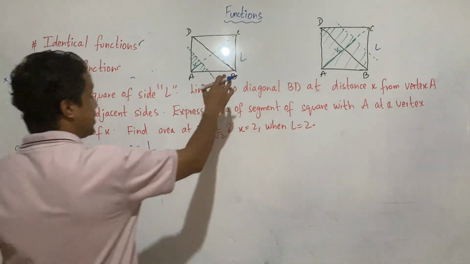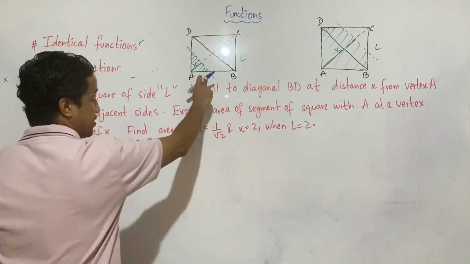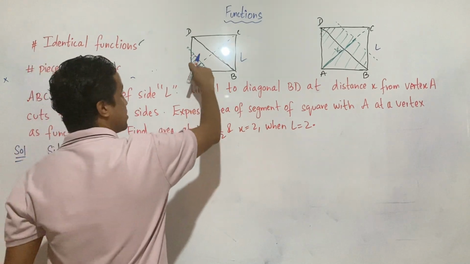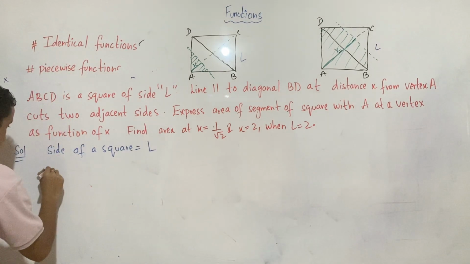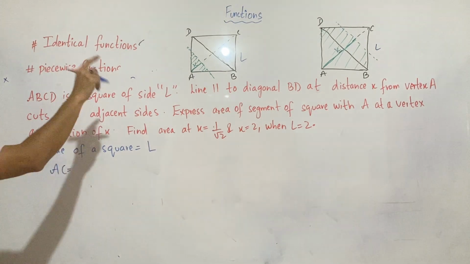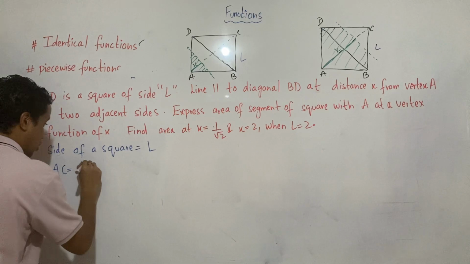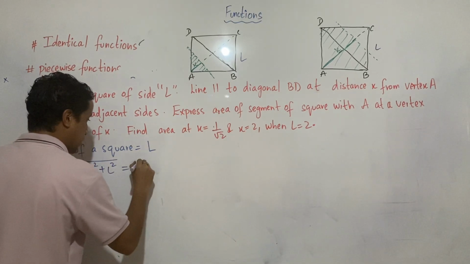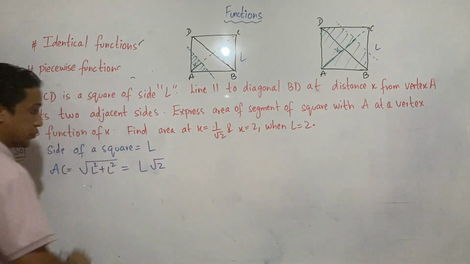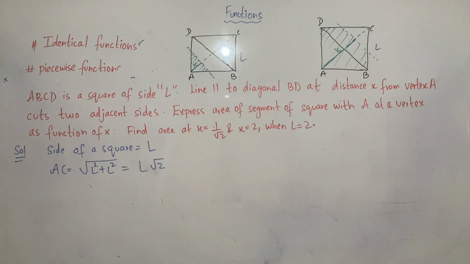So if this is L, this has to be L, it means AC is going to be root of L square plus L square, and it's going to be L root 2. I hope you agree with me.